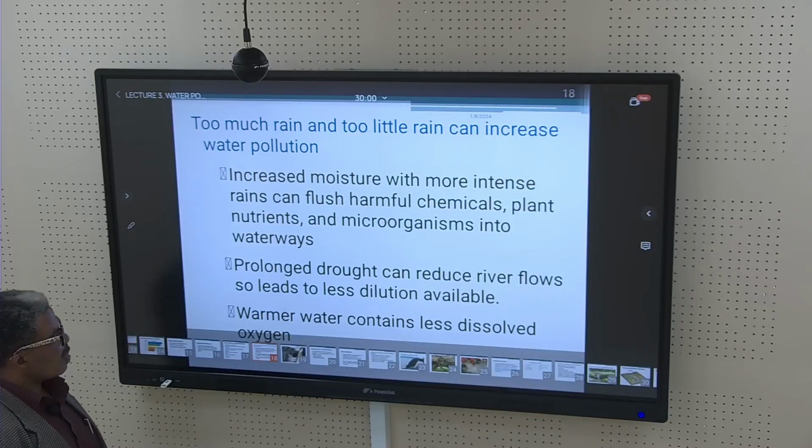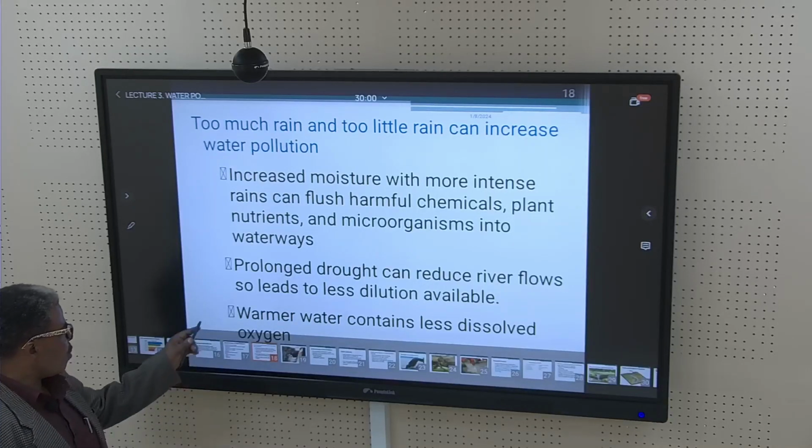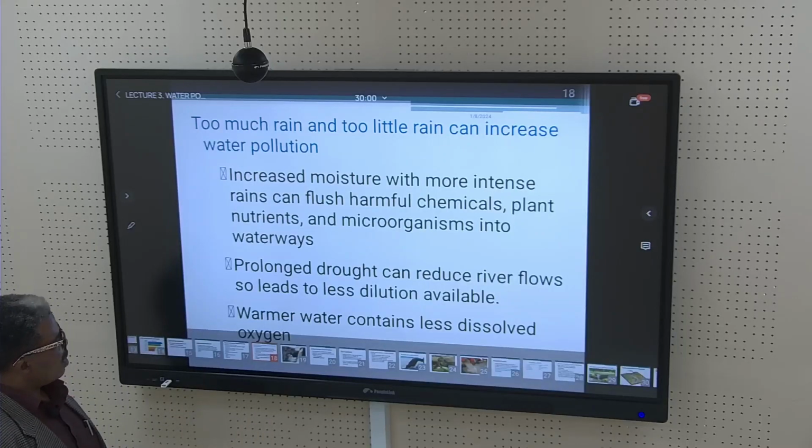Prolonged drought can reduce river flows, which leads to less dilution available within the water because of little water being in the rivers due to drought. So warmer water contains less dissolved oxygen.